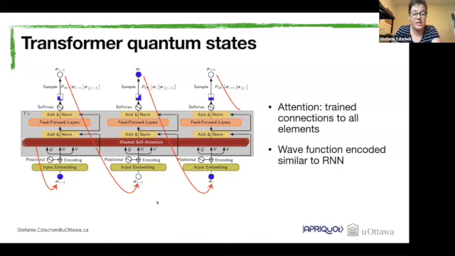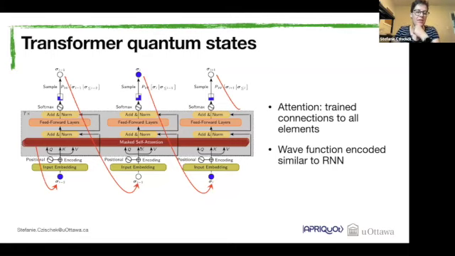The only big difference is that we do not have any recurrency here. But as you probably all learned about the transformer models, they are based on this self-attention layer, which now is a bit different. So we do not encode all the information about previous elements in the sequence into this hidden state, but rather we have the ability to directly have weighted connections to previous elements in the sequence.